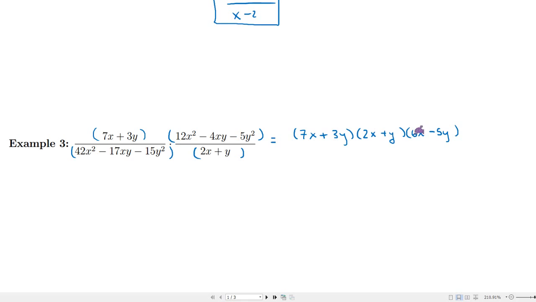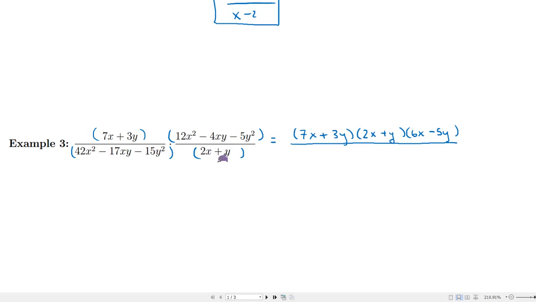So 2x times 6x will be 12x squared, and then minus 5y, and then look at the middle term. So this will be minus 10xy, and then plus 6xy. So that'll give us the minus 4xy. So that looks good.